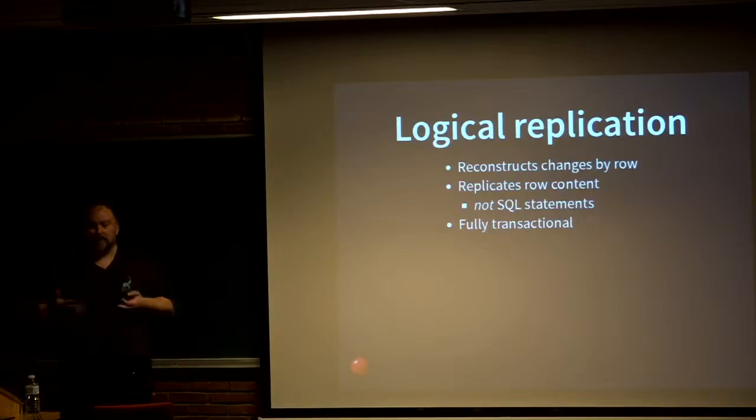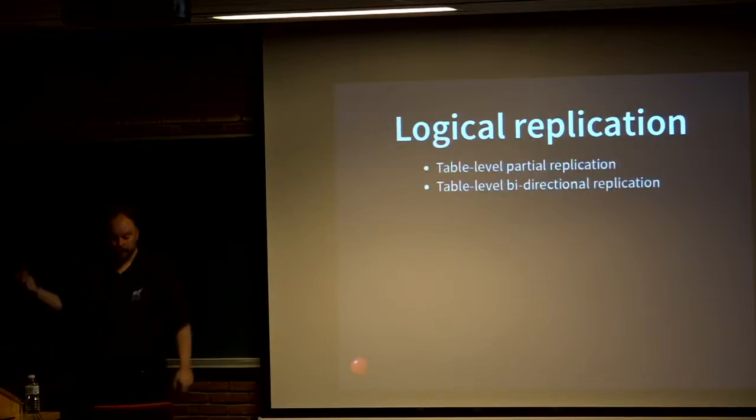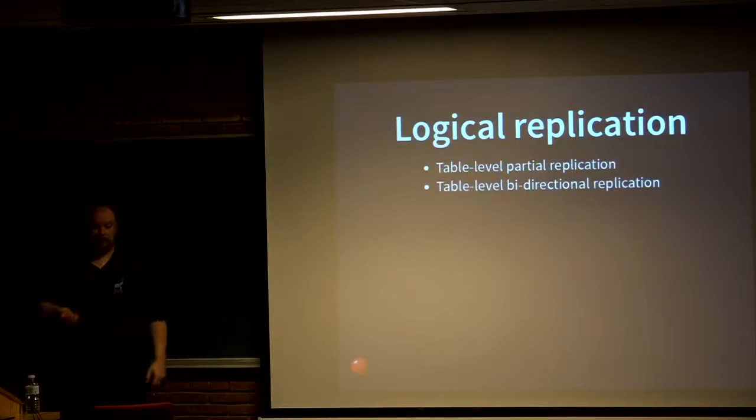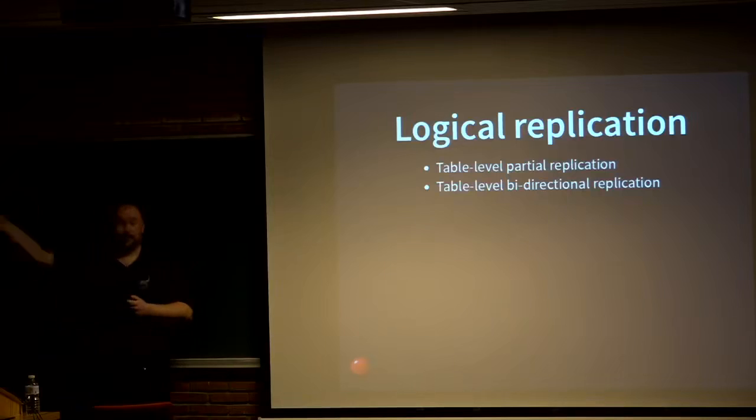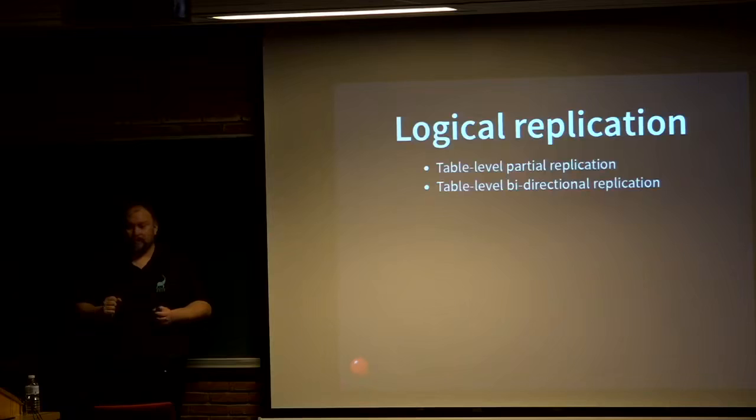Now, being on a row basis instead of being binary across the whole cluster means that you can do table-level partial replication. Right? You don't have to replicate everything anymore. You can say, I just want to replicate this one table over here. And you can also pretty easily do what I like to call table-level bi-directional replication. It's still easy if you say this table is going to replicate from node 1 to node 2, and this other table is going to replicate from node 2 to node 1.